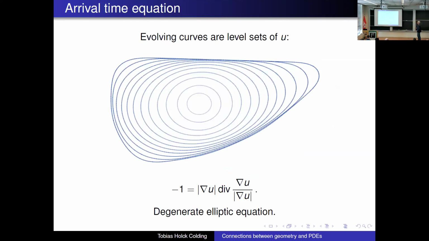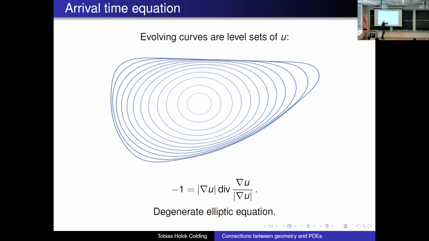Here it's illustrated in an example where again the outer one is the initial front. The arrival time function is again satisfying a nonlinear equation. It's a degenerate equation.